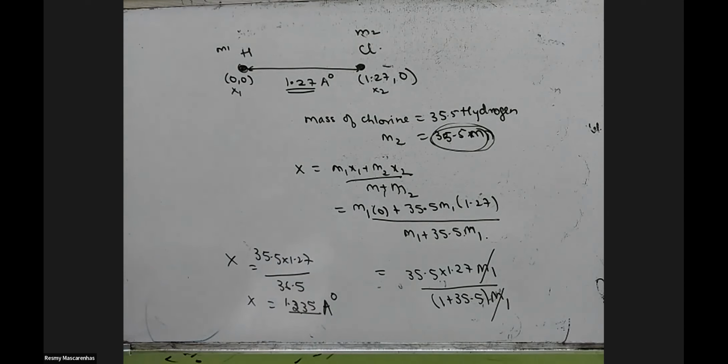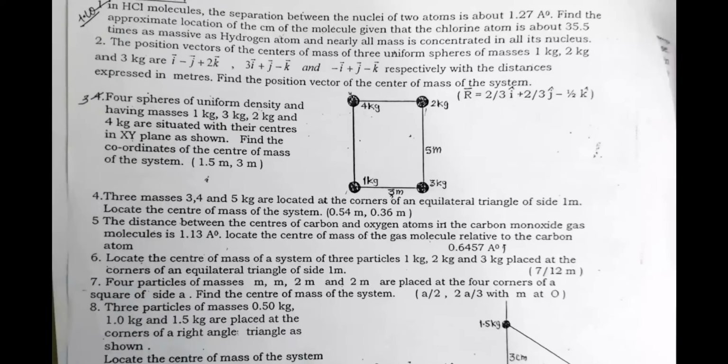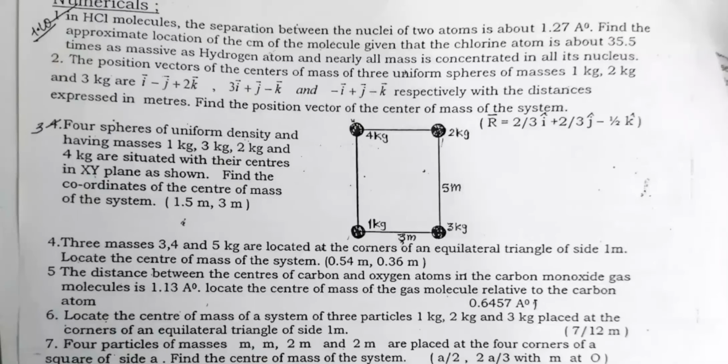Next problem. Second question says the position vectors of the center of mass of three uniform spheres of masses 1, 2 and 3 kgs are given.